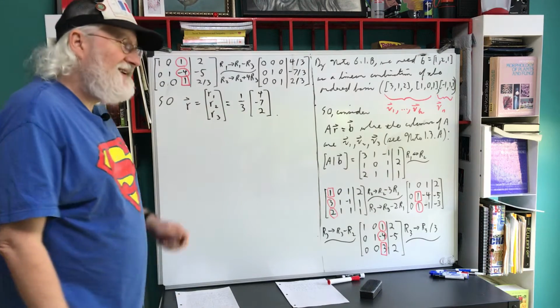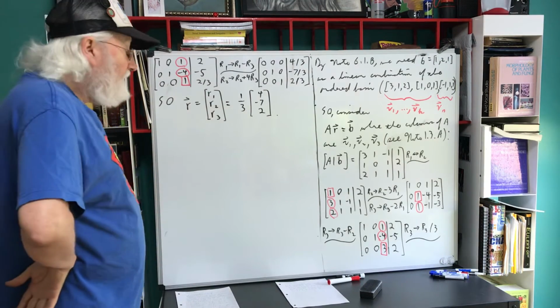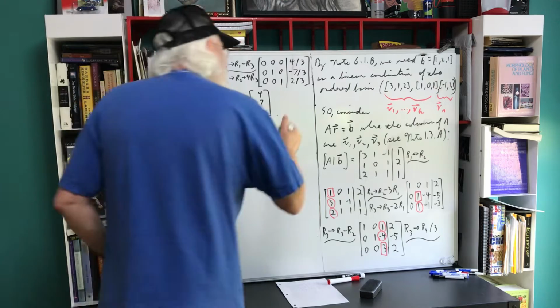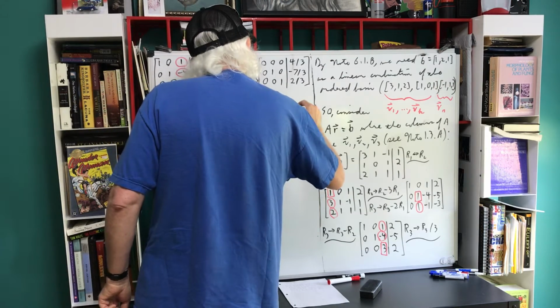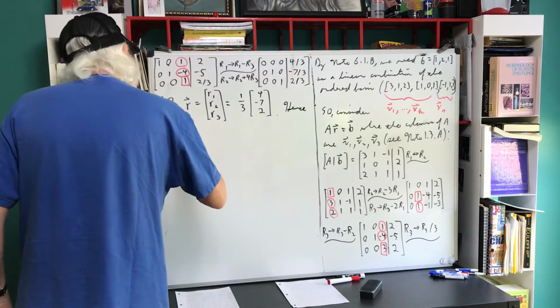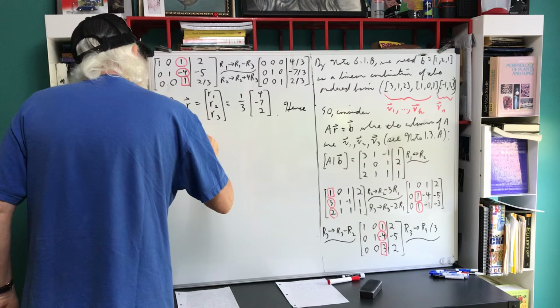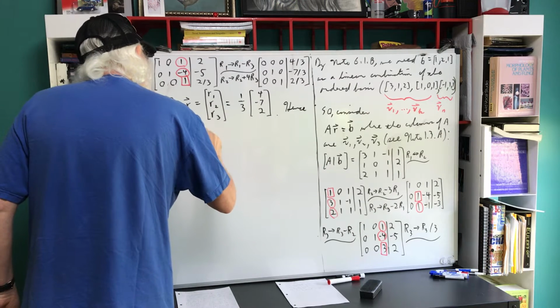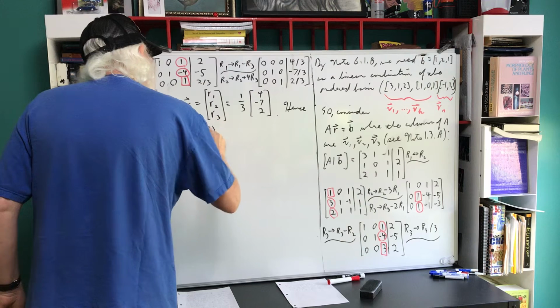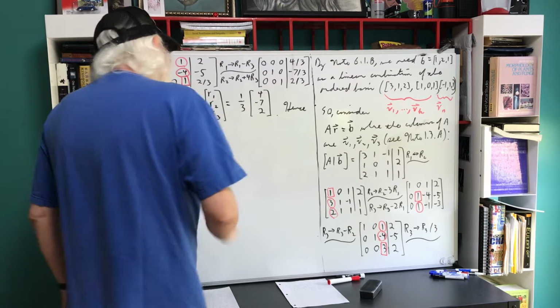Are we done? Question was, find the projection onto W of vector B. All right.